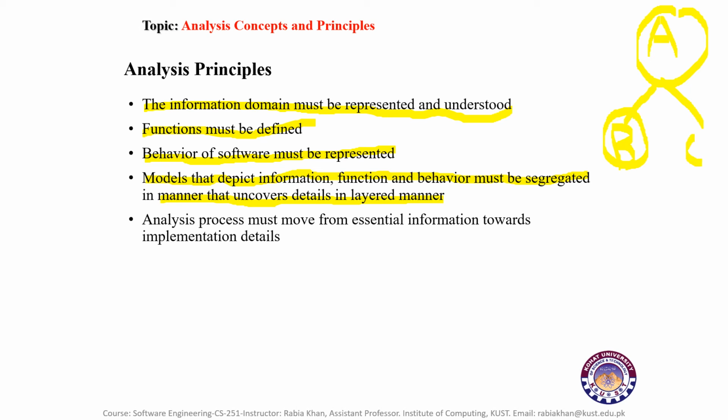Major problem A is being divided into two subproblems. Now B is again a complex problem which can be further divided into smaller problems until the problem becomes so tiny that it can be easily handled.